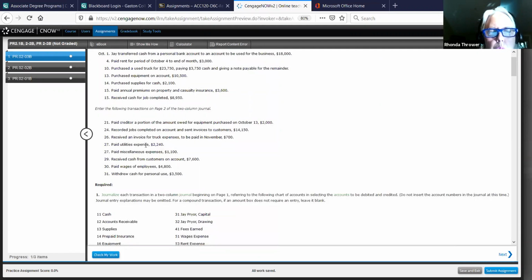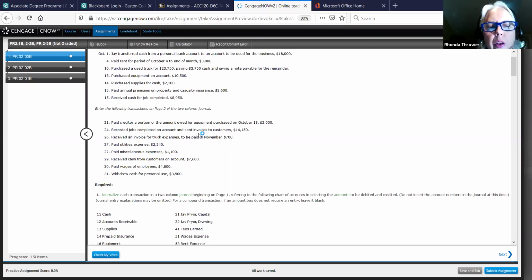On the 24th, we recorded jobs completed on account, and we sent invoices to our customers for $14,150. What you're doing is you've completed some jobs and you sent invoices. So when you see that you have sent the invoice to a customer, that means that we are creating an account receivable.